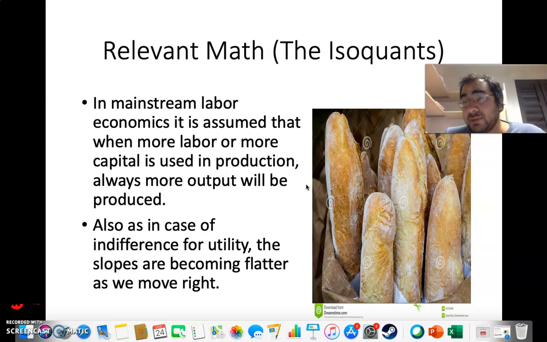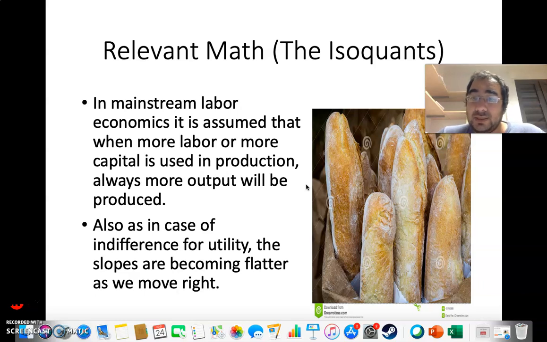When you have a lot of labor and little capital, 1 unit of labor can be replaced with a very little amount of capital, because you already have a lot of workers, so productivity of labor is low and productivity of capital is high.